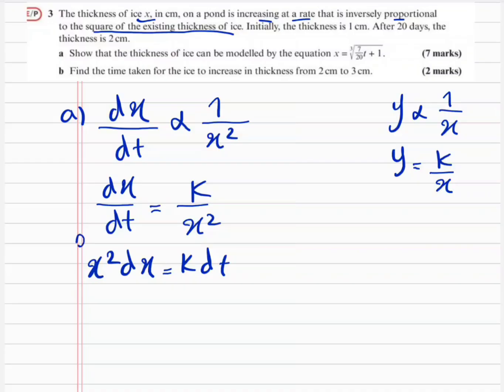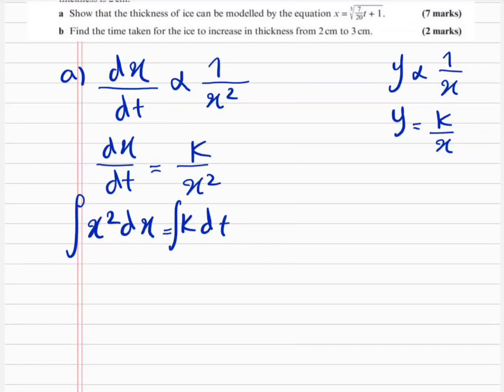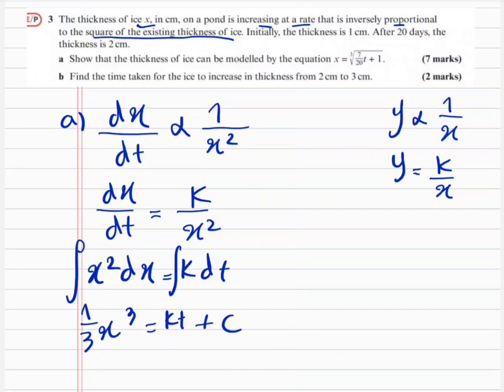Now we integrate both sides, so we'll have 1 over 3 x cubed is equal to kt plus c, where c is the constant of integration. To find it, we use the boundary condition: initially, when t is equal to 0, x is equal to 1.